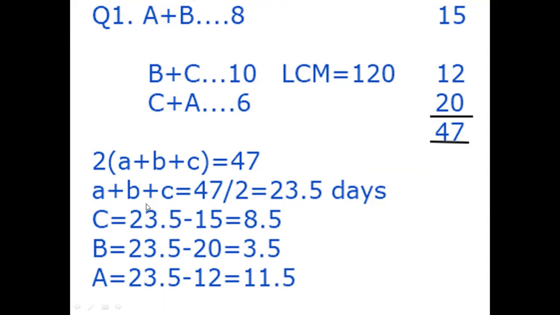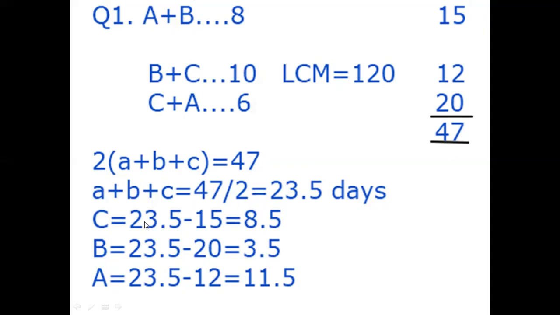Okay. Now, see, this is A plus B plus C and this is A plus B. If from A plus B plus C you subtract A plus B, what will be left? Tell me, what will be left? If from A plus B plus C you subtract this A and B. Yes. You can reply through chat also.